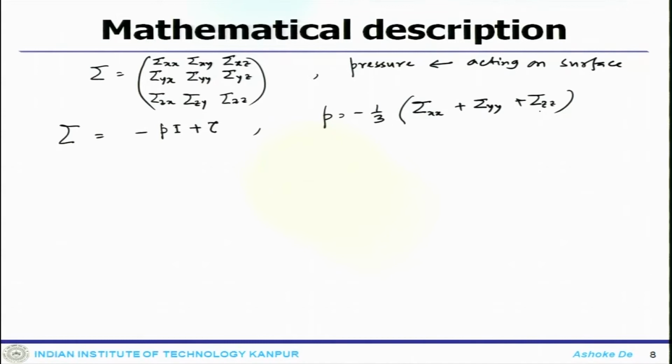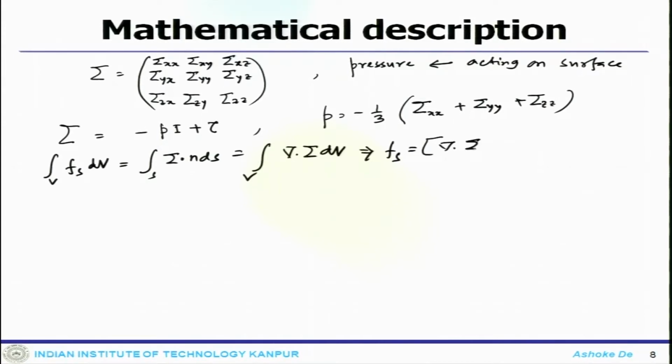So, that gets you back, if you look at that integration of fs dV, this will be the surface integral of this dot n dS, which is now ∇·dV. fs is nothing but minus ∇p plus ∇·τ. So, that is my surface force.